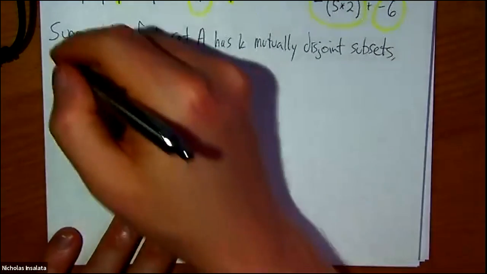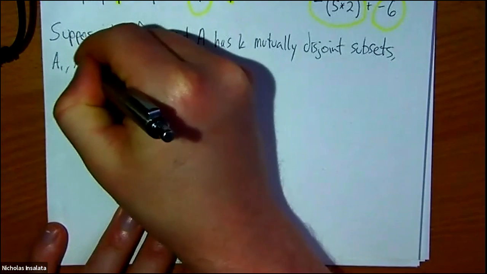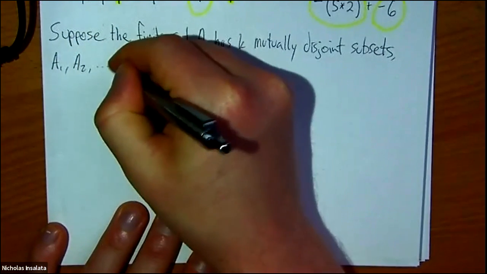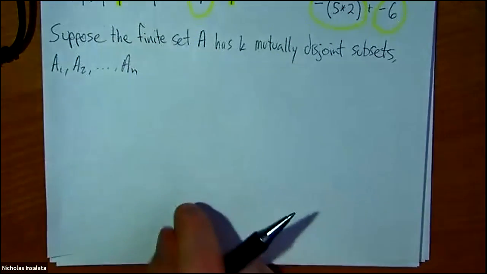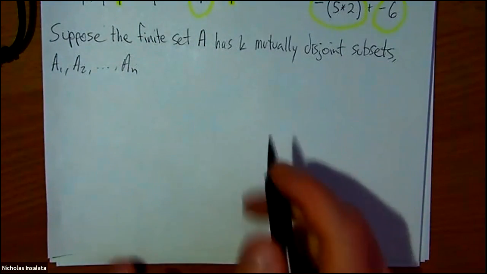Those disjoint subsets will be A1, A2, etc., up to AK.